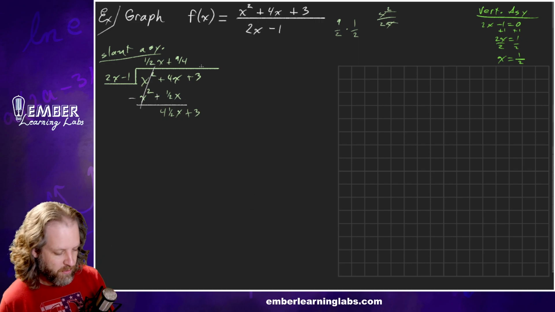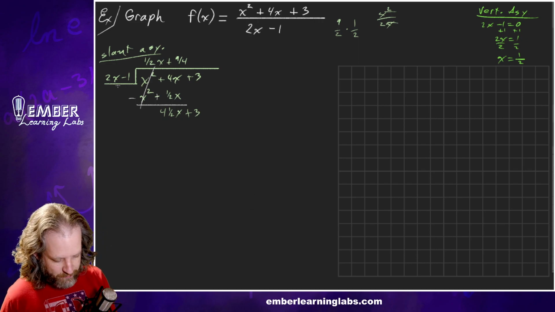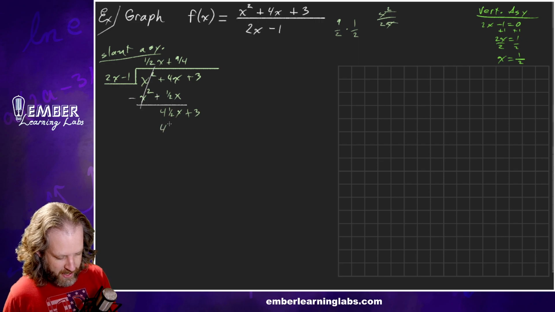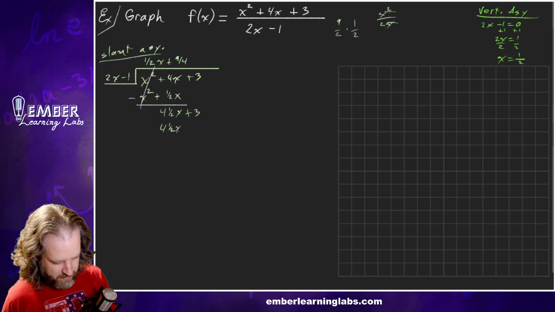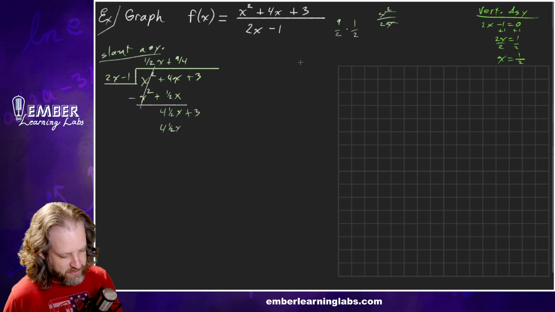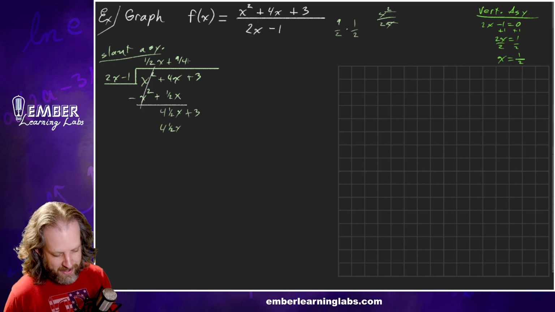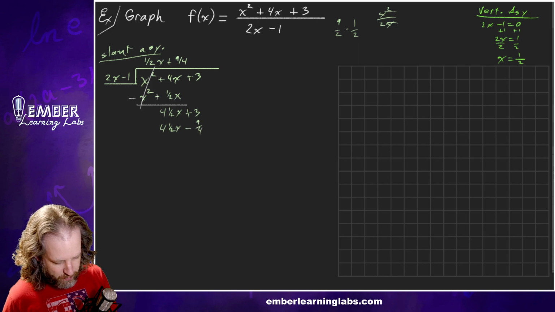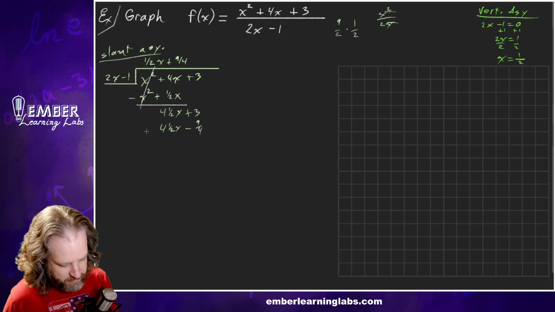Ugliness. We're actually pretty much done. But 9 fourths times 2 is 4.5x, right? So multiply the 2 and it cancels that one. Go back to this one. 9 fourths times -1 is -9 fourths. So then we're going to subtract it.